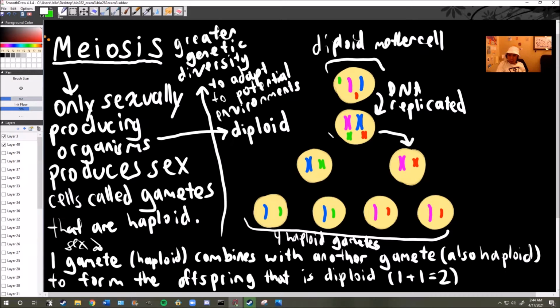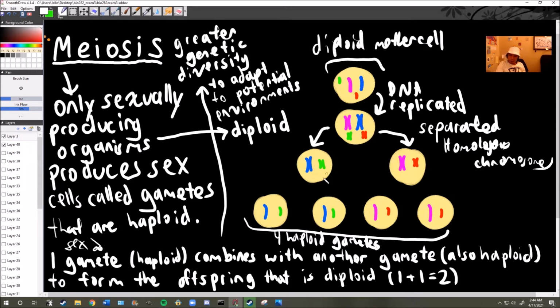And going from here to here, we see that our sister chromosomes are still present. So what we separated, what we split in half, was the homologous chromosomes. So we separated homologous chromosomes. Cool beans. Okay, and then we see that each of these two cells now split as well.